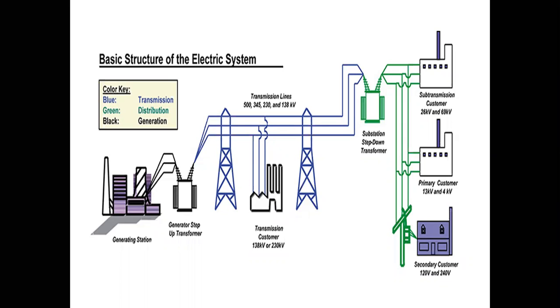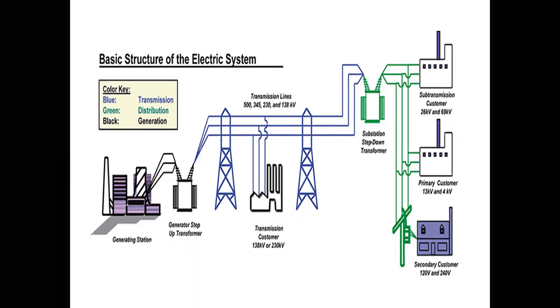And after this step up transformer, it will be transmitted with the help of a transmission system that comprises poles, structures, conductors, insulators. This high voltage power can be transferred to a grid station, and the grid station receives the power at a very high voltage.